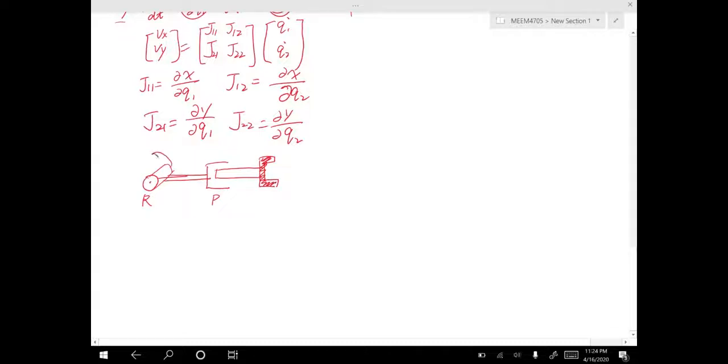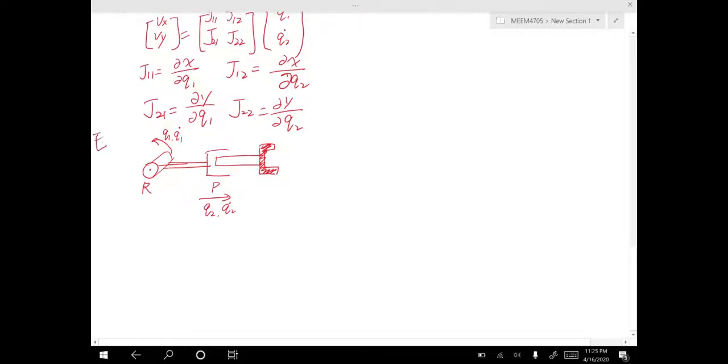We know the joint variables, meaning the joint position and velocity for both. For the first joint, that is Q1 and Q1 dot. Q1 means theta 1, and Q1 dot means theta 1 dot, which is the velocity. And then for the second joint, Q2 and Q2 dot.